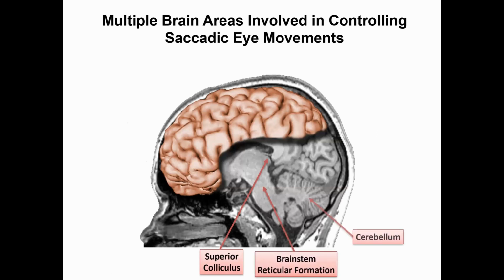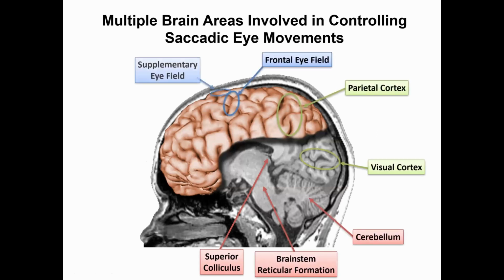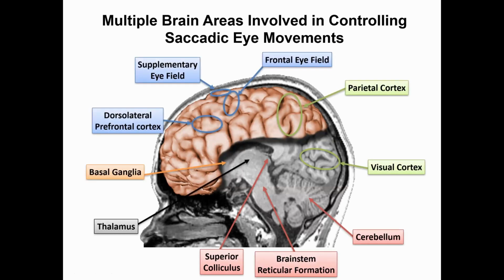So why is the eye movement system so attractive to study? One of the reasons is it spans almost the entire neuraxis. It's not that the whole brain is involved in controlling eye movements, but if you consider the brain areas that are involved in vision and those that are involved in some way selecting how to move your eyes to facilitate visual processing, there are areas over the entire neuraxis except the spinal cord.